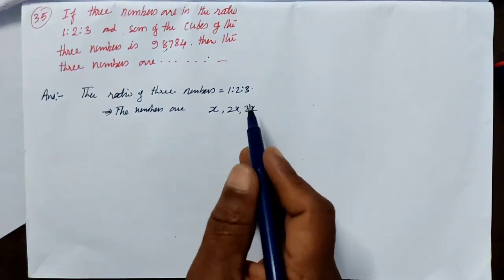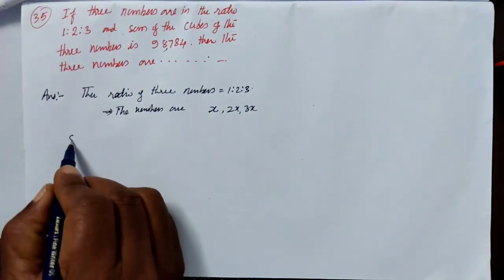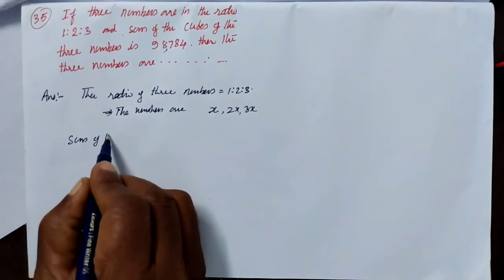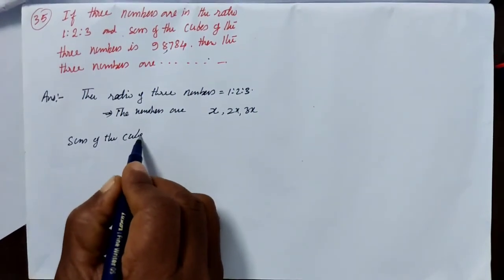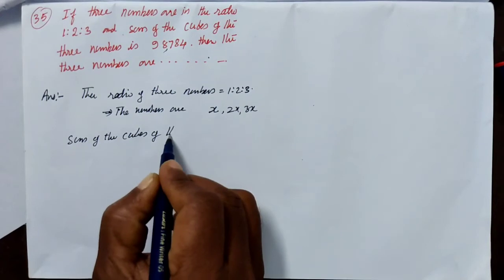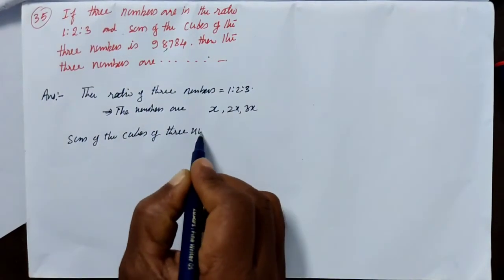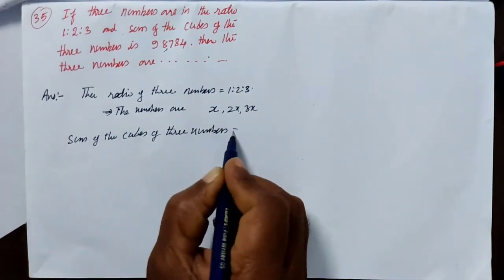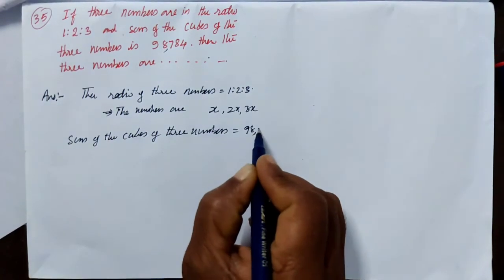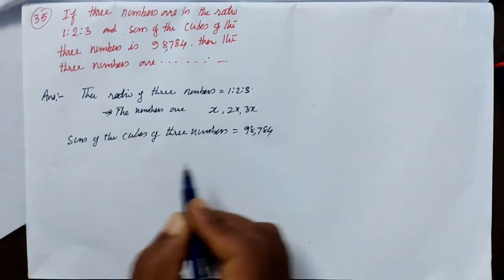Now the sum of the cubes of the three numbers is equal to 98,784.